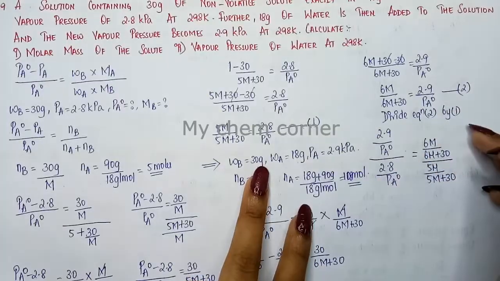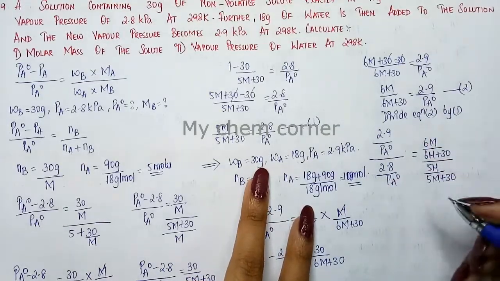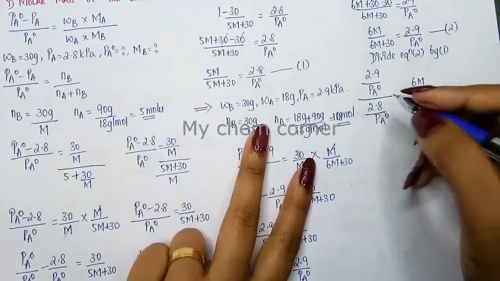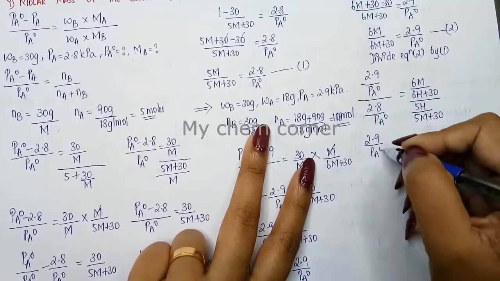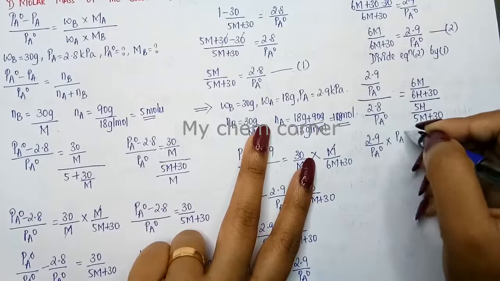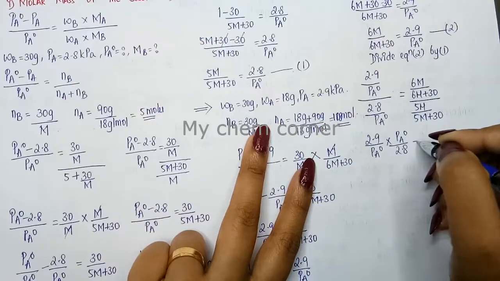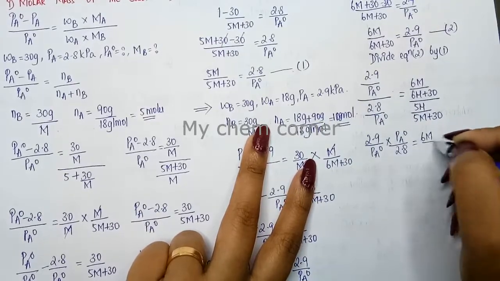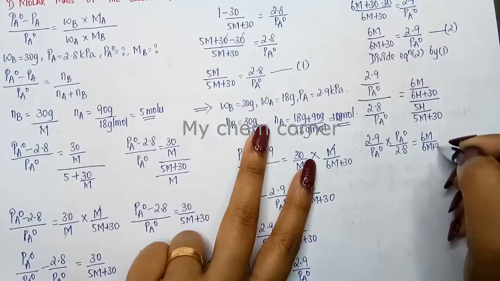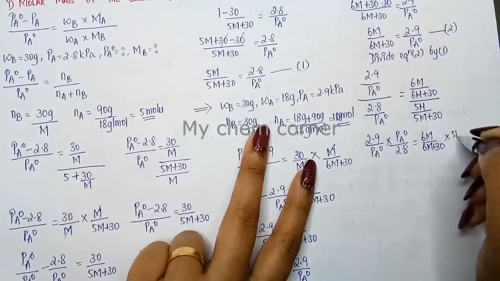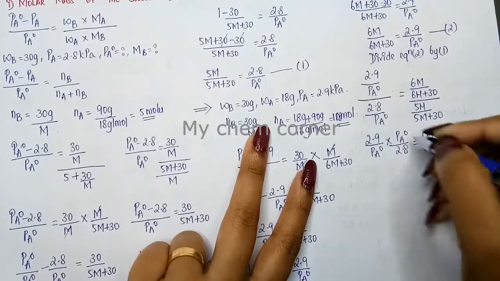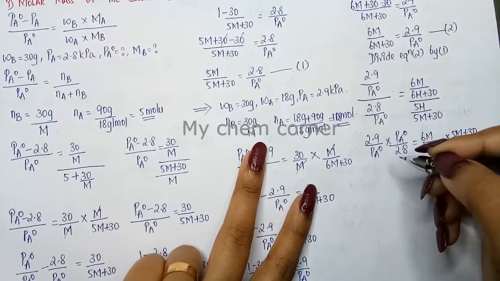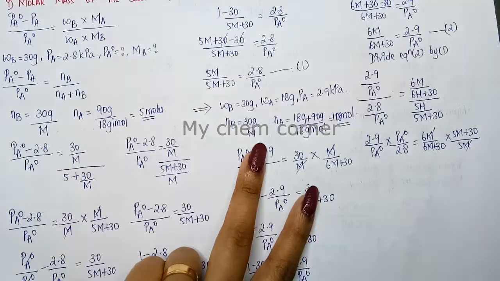Now when I take the reciprocal on the other side, this will become 2.9 by PA naught into PA naught by 2.8, which is equal to 6M by 6M plus 30 into 5M plus 30 by 5M. PA naught and PA naught both will get cancelled. M and M will get cancelled.